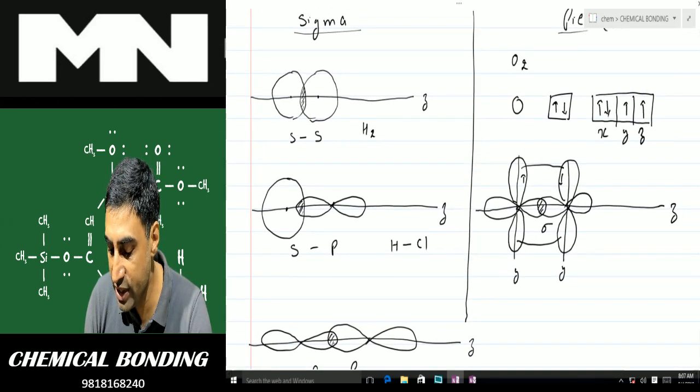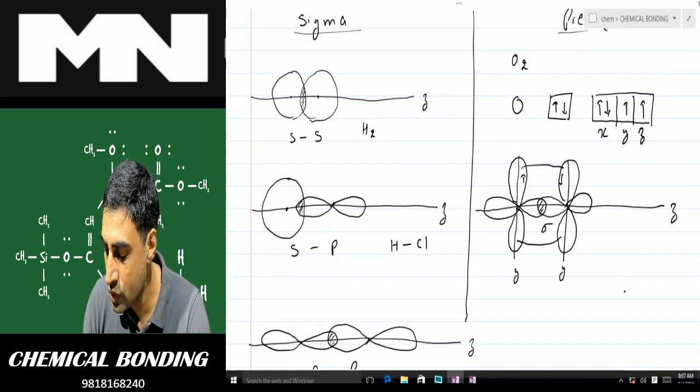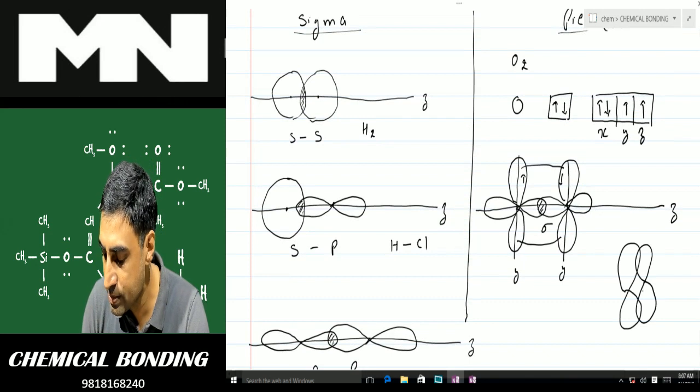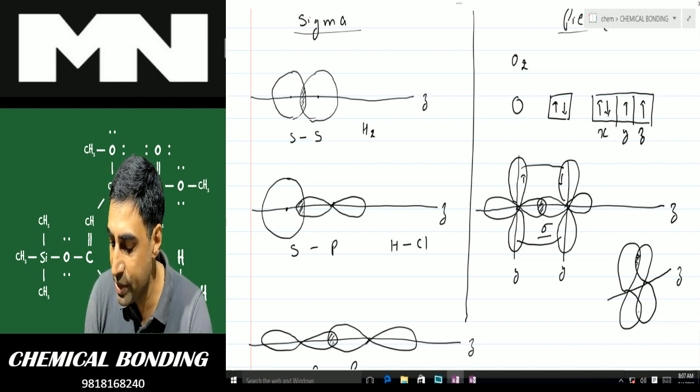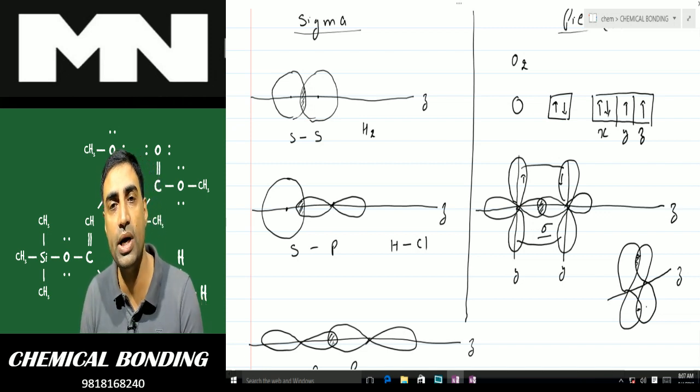That means if we have a look at the oxygen molecule, suppose this is one of the p, the second p is like this. Say this is the internuclear axis z. So a sigma bond is formed on the internuclear axis, which you can see here. This is the sigma bond which is formed. The two p orbitals are overlapping sideways to form a pi bond.